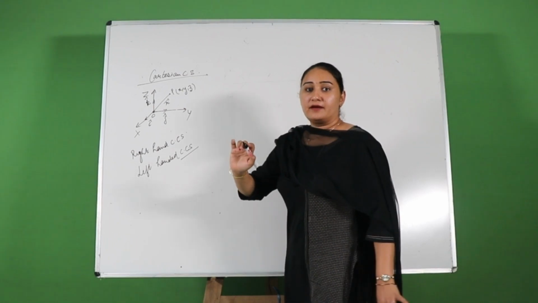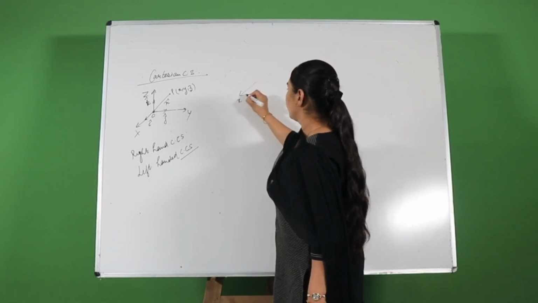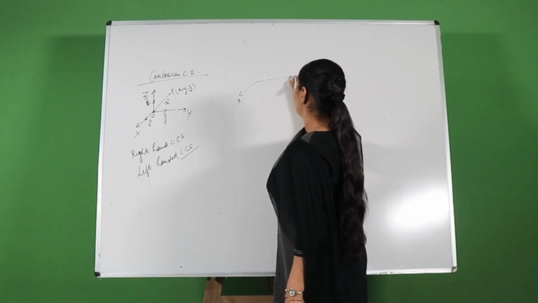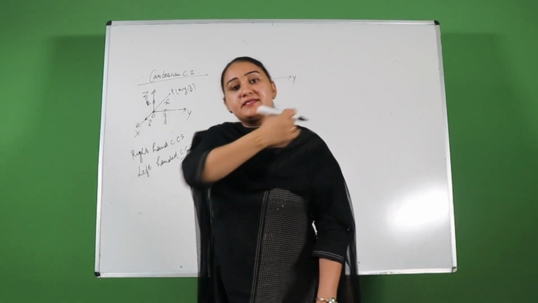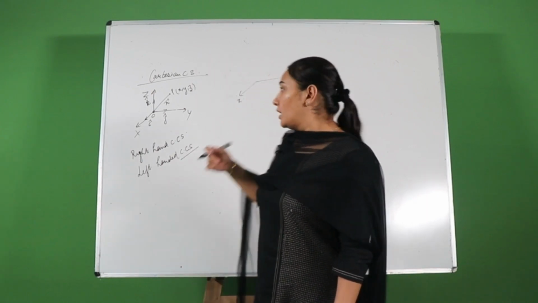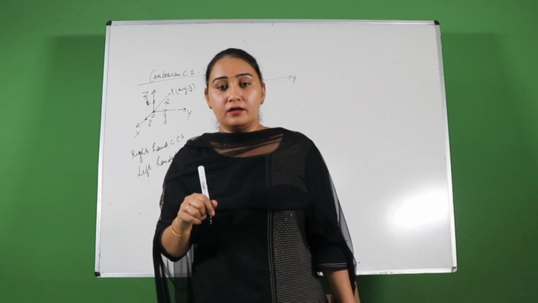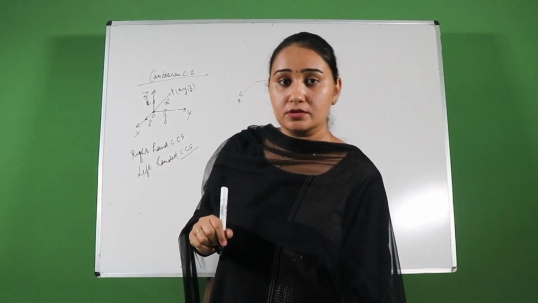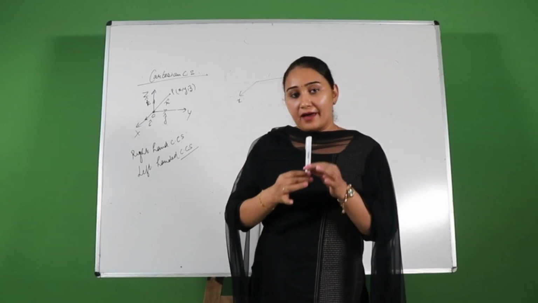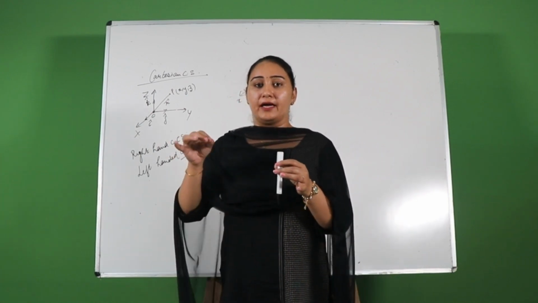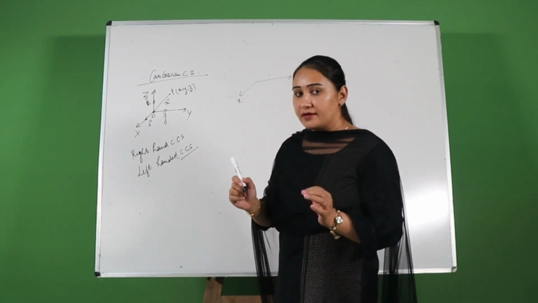So if I consider the right-handed Cartesian coordinate system first, let us say this is my x, this is my y. Now I have to see where my z will go. If I consider a screw, everyone is aware of screws.